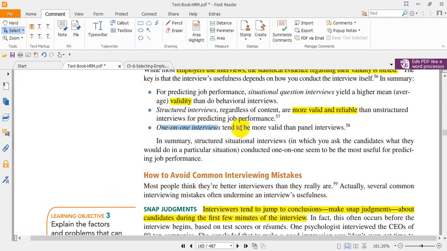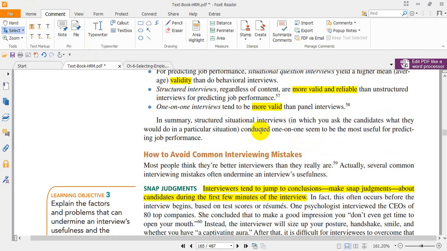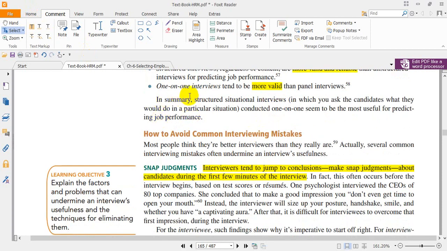One-on-one interviews tend to be more valid than panel interviews. In summary, structured situational interviews in which you ask candidates what they would do in a particular situation, conducted one-on-one, seem to be the most useful for predicting job performance.